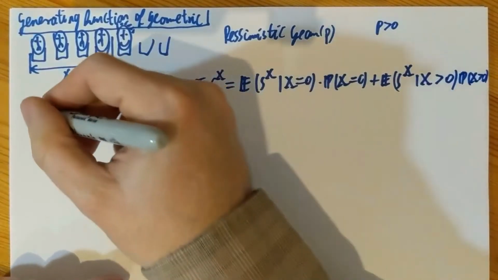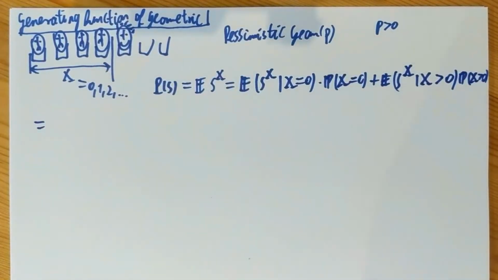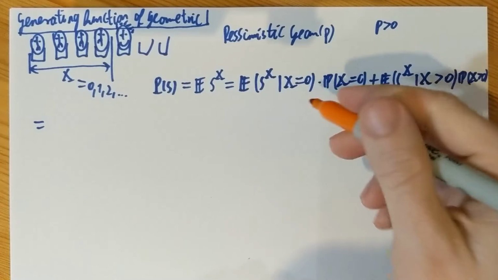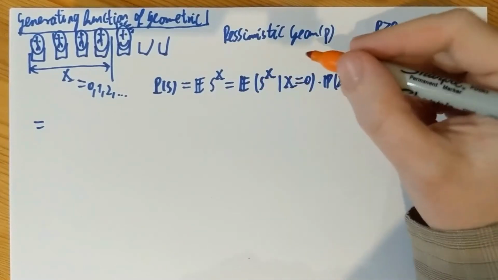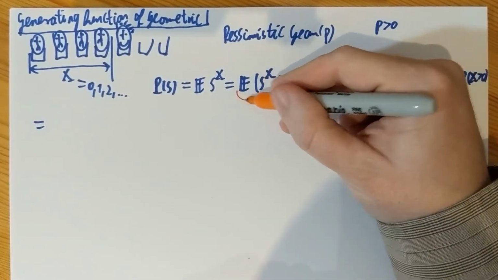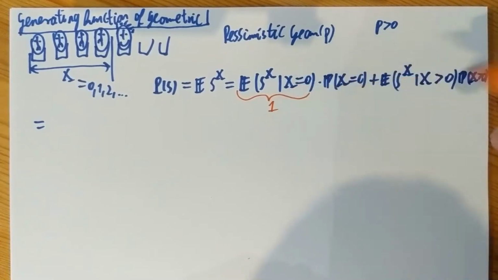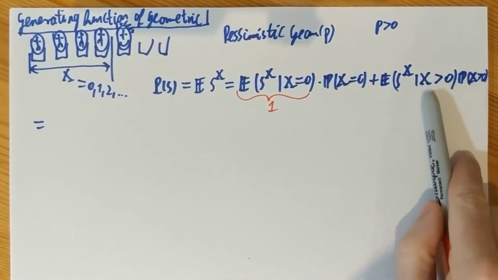Now, the first part is easy, because when X is 0, then s to the X is 1. So this is 1. The second part is much more interesting. X is positive: the number of failures before the first success is positive.